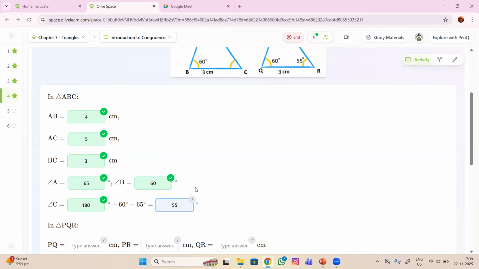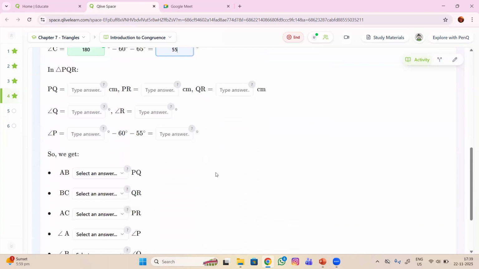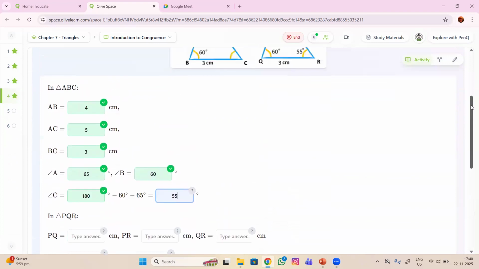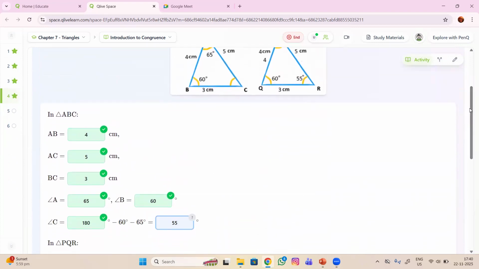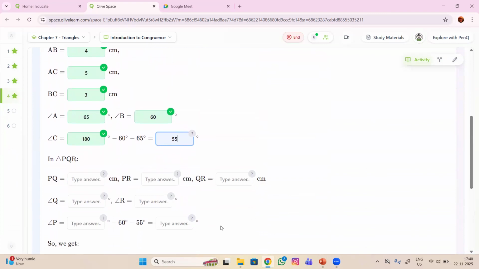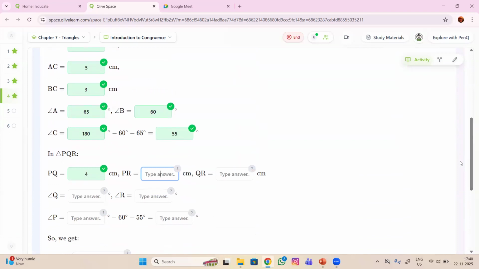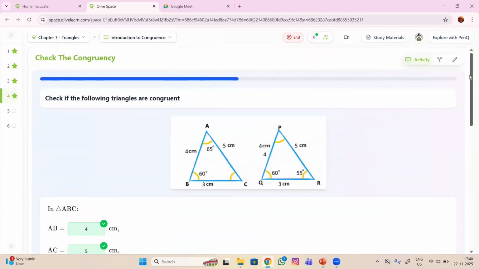Very good. And looking into the triangle PQR, what is PQ? PQ is 4, PR is 5 and QR is 3.